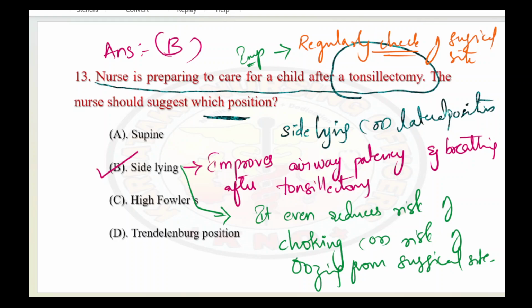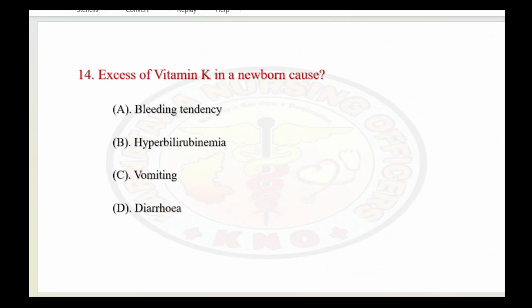If soakage is present, definitely there is some issue with the sutures or the position because there is more oozing from the surgical site. Okay, so this is a very important point here. In this question, they have asked which position is recommended for a child with tonsillectomy surgery. The option is side lying, option B. So let's see the next question.